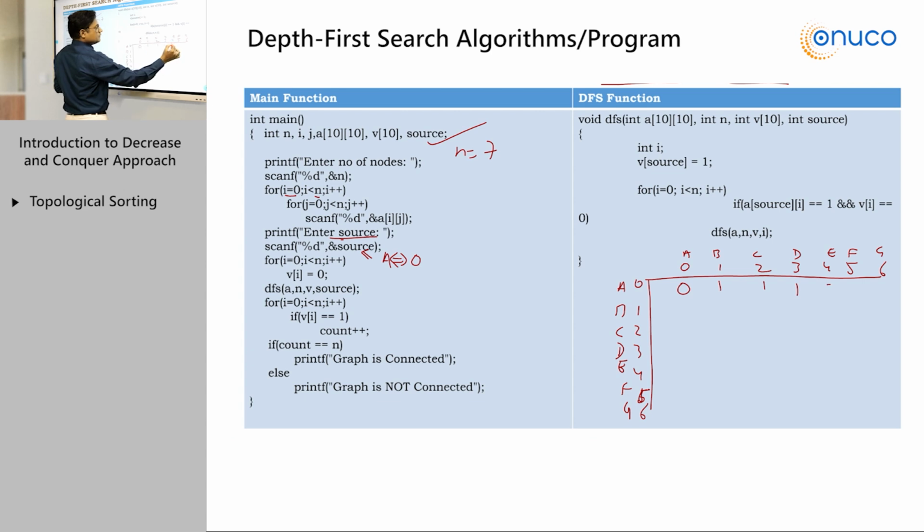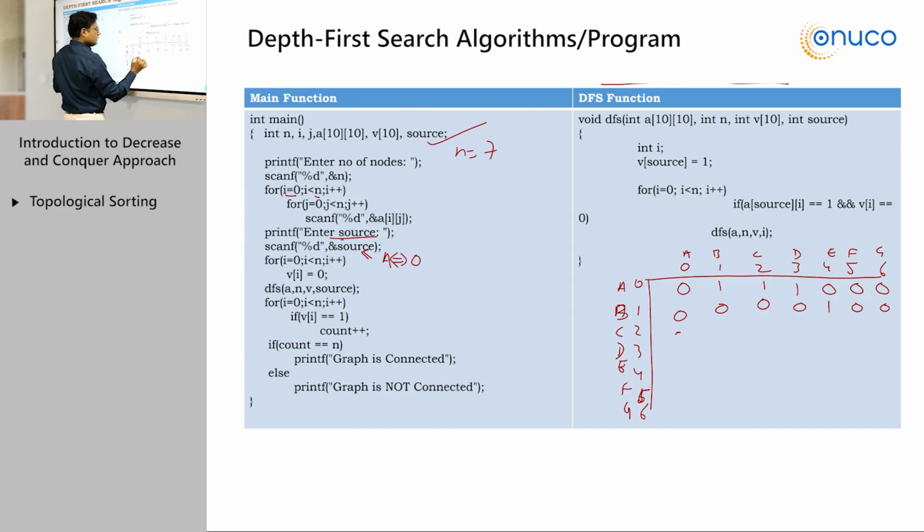A to E, there is no path. A to F, there is no path. A to G, there is no path in our graph. Similarly, when you are talking about B to A, no. B to B, no. B to C, no. B to D, no. B to E, yes. B to F, no. B to G, no.